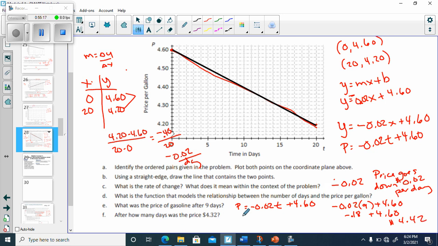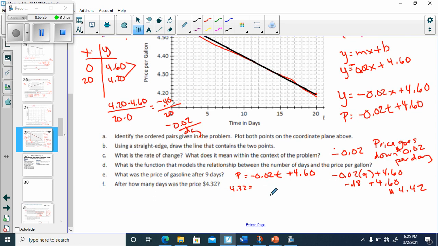After how many days was the price 432? So let's plug it this way. 4.32, plug this in for P, is equal to negative 0.02T plus 460. Okay, we'll subtract 460 from each side.